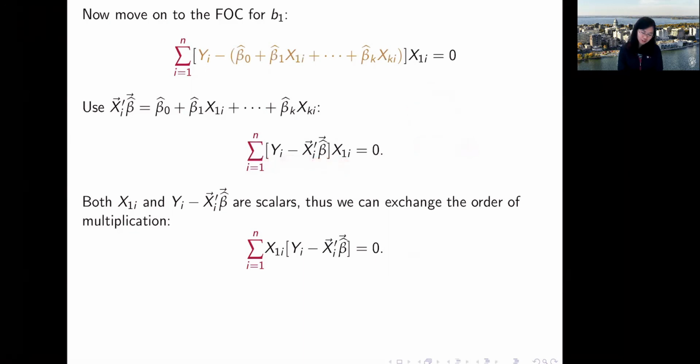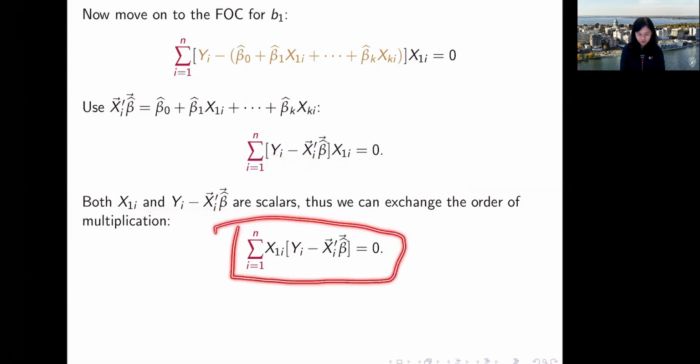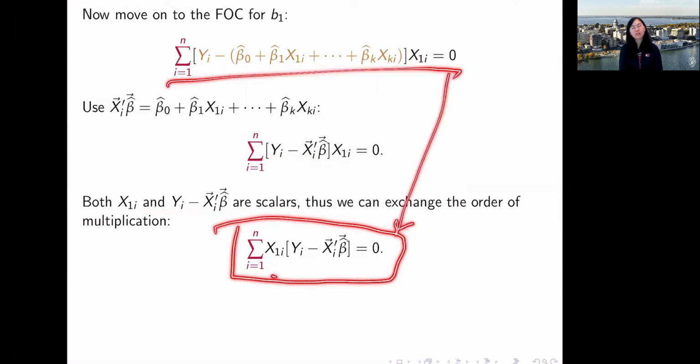And you can change the order of multiplication, so that scalar multiplication equals this. You can write x1i on the left, and that's not going to change the product because both of these are scalars. So this first order condition can be written in this simple short form.